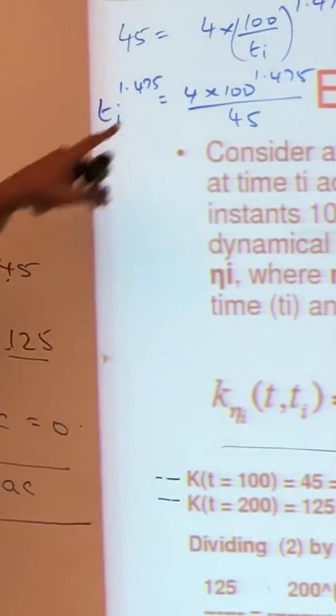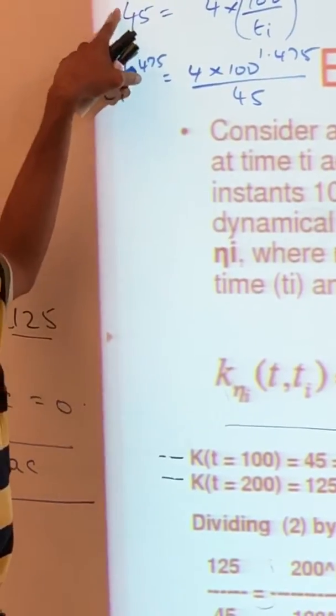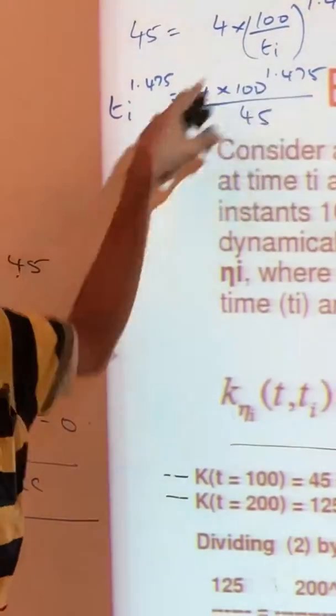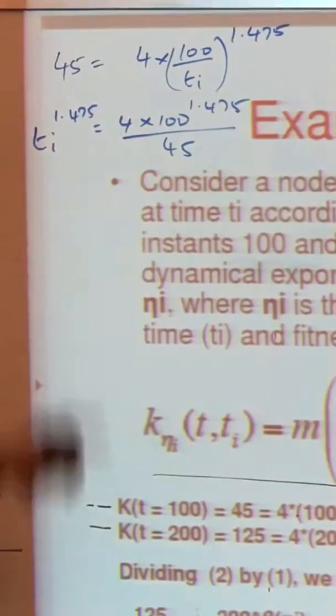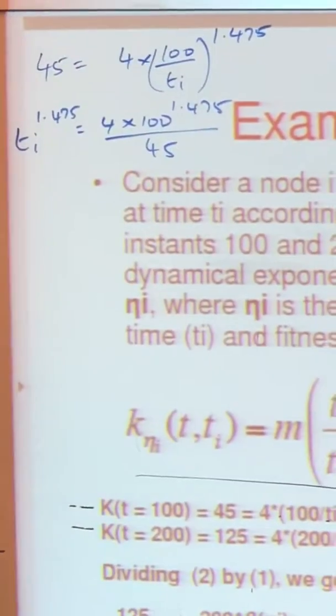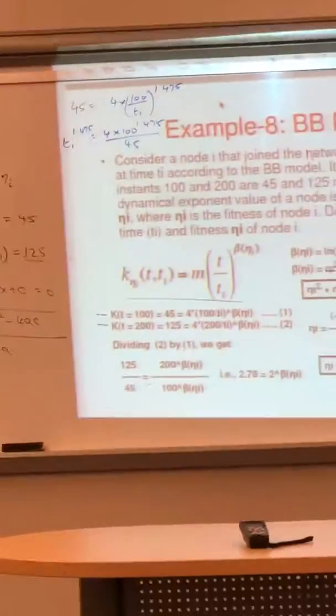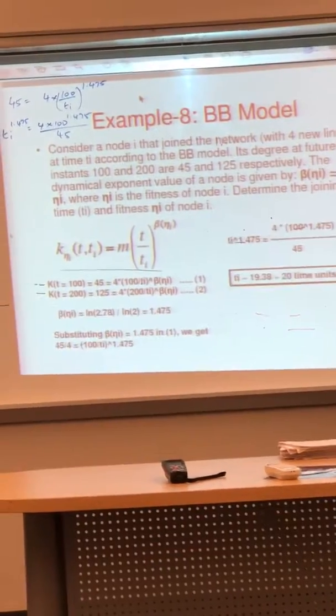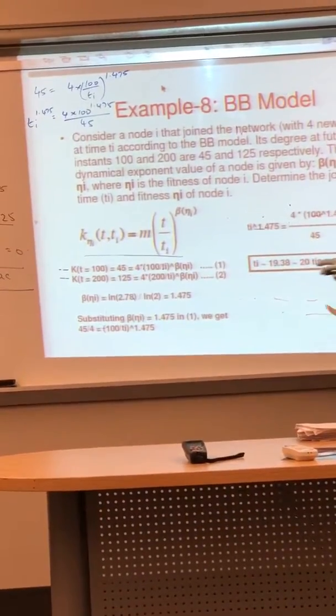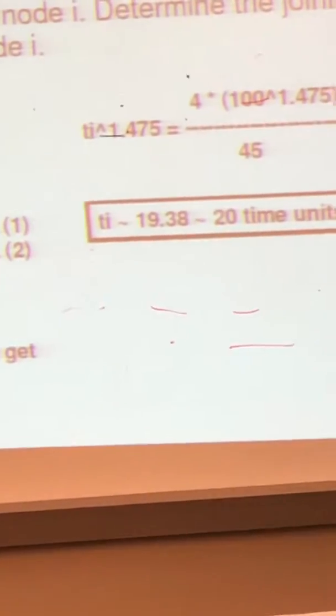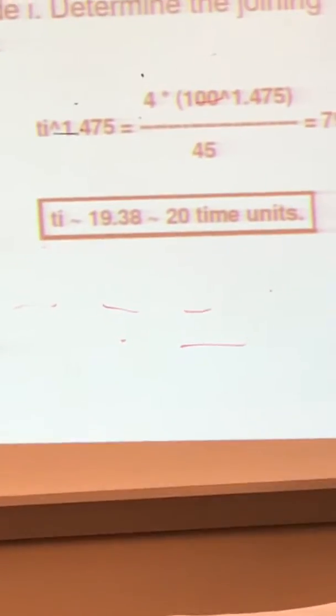Okay, so I just bring the t to this side and bring the 45 to the denominator, and then just solve for this. So Ti will come out to be 19.38. So we can round it because time again is an integer. The joining time is an integer. So you can round it to the next largest integer.